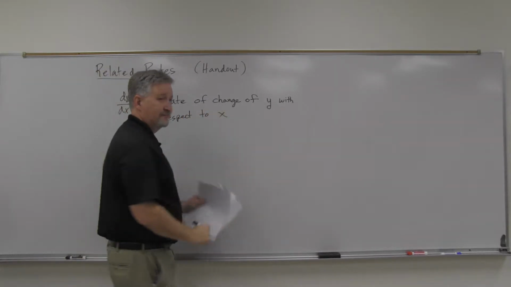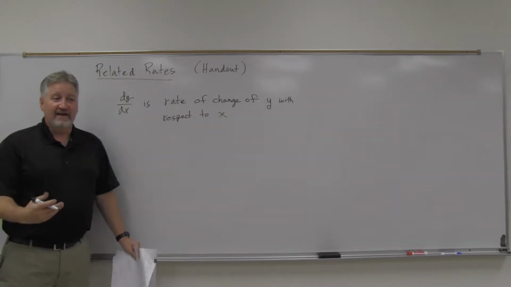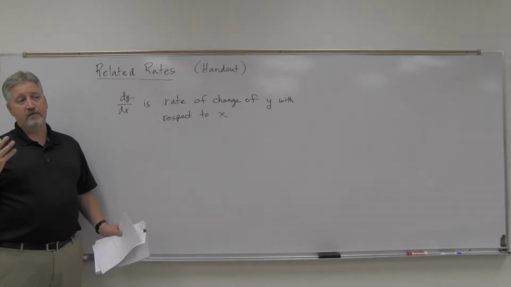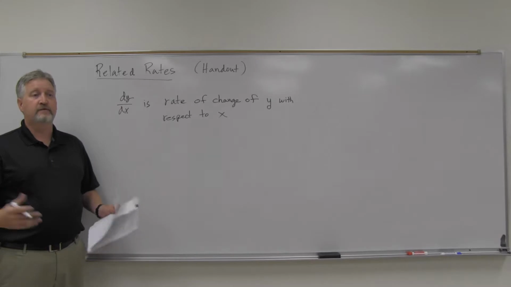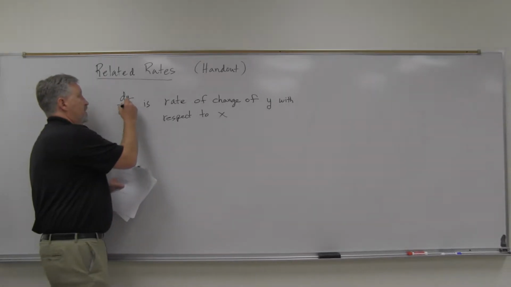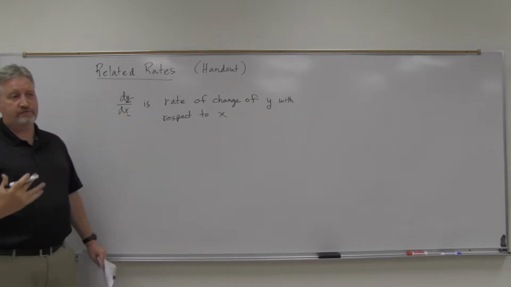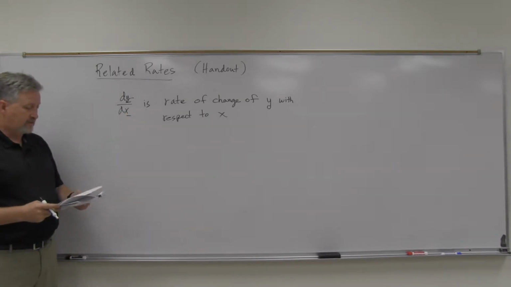Does that sound familiar? Dy over dx. Yeah, so the first derivative can also be considered the rate of change of something. And in this case, it's the rate of change of the y, and then the dx, that's the with respect to part of that. Now, why did I mention that?